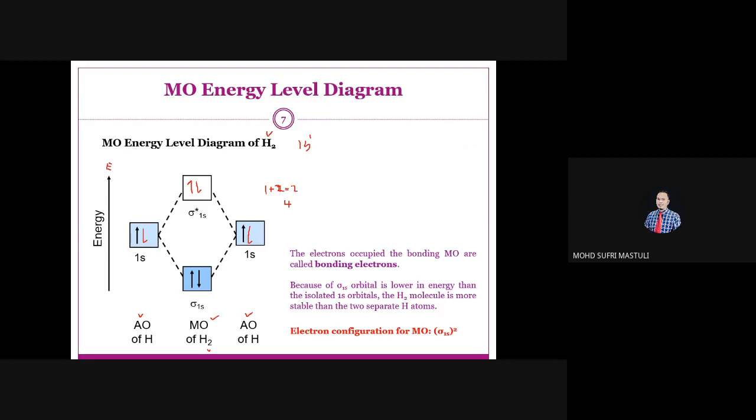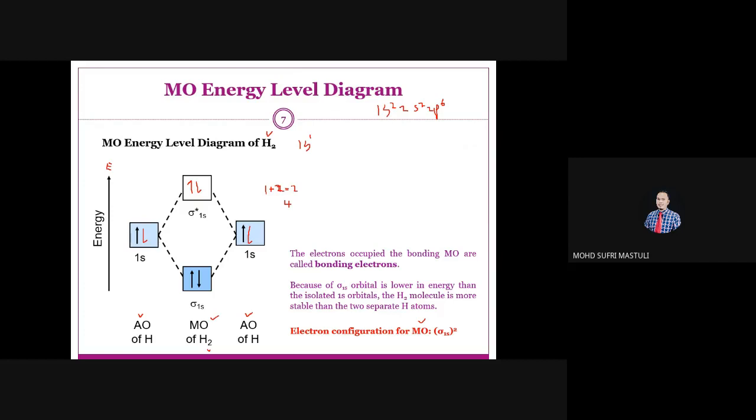The electron configuration for molecular orbitals is slightly different compared to the electron configuration that we wrote before. Before this, electron configuration looked like this: 1s1 or 1s2, 1s2 2s2 2p6. This is the way we write the electron configuration. But for molecular orbitals, we should tell the type of bonding, sigma or pi.